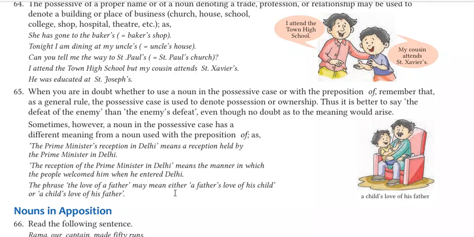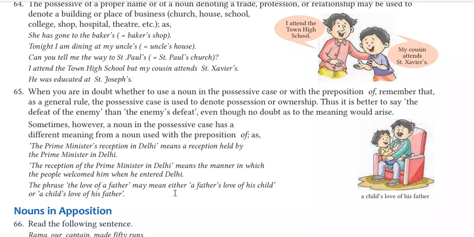When you are in doubt whether to use a noun in the possessive case or with the preposition of, remember that as a general rule the possessive case is used to denote possession or ownership. Thus it is better to say the defeat of the army than the army's defeat, even though no doubt as to the meaning would arise.